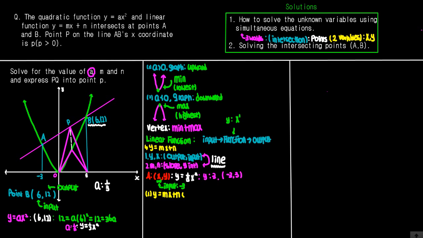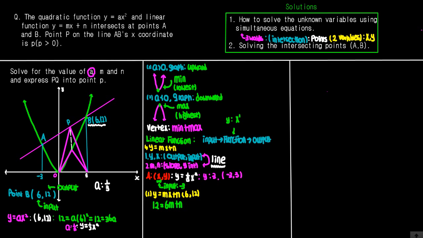If we input point B, which was (6, 12), the output is 12, which is equal to our input 6 times m plus n. The only reason we can use simultaneous equations is because A and B are both intersections of our linear and quadratic functions. Let's write it down more neatly: 12 is equal to 6m plus n.